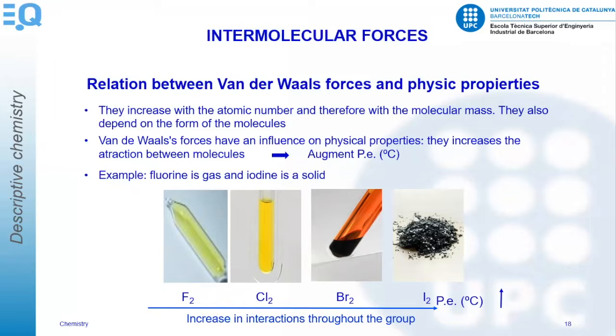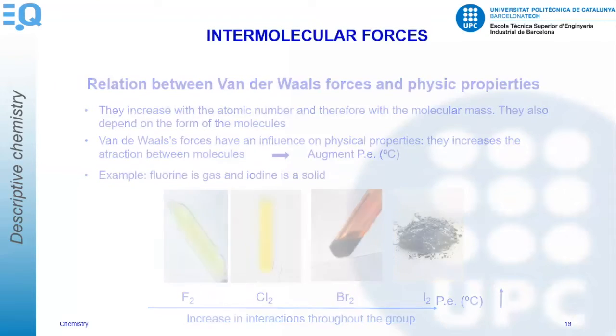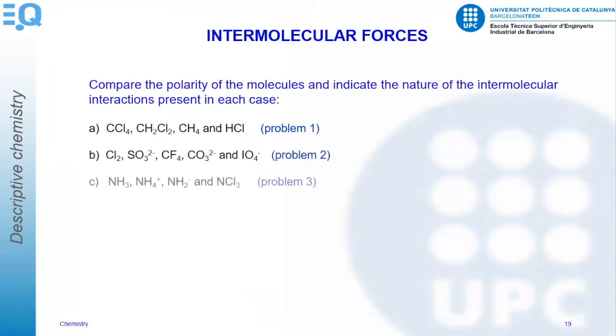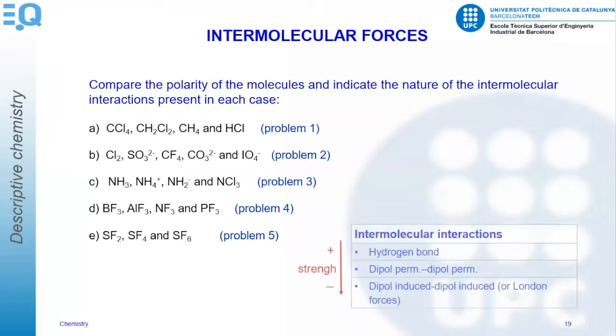Let's do an example. Let's compare the polarity of the different molecules and indicate the nature of the intermolecular interactions present in each case. Now, for intermolecular interactions, we understand that the hydrogen bonds are the strongest, and the dipole-induced interactions, also known as London forces, are the weakest kind of interactions.